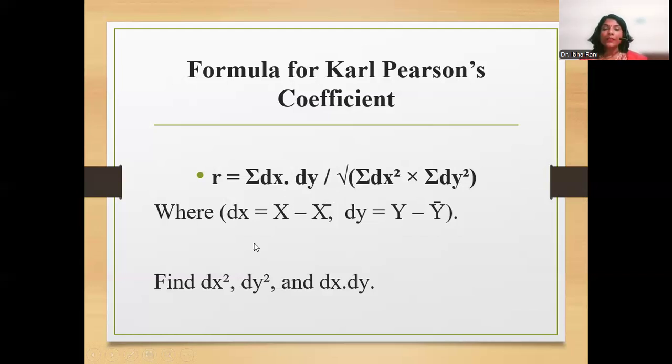Now, what is dx? Dx is the x variable minus the average of the x variable. Dy will be calculated as the y variable, whatever they have given, subtracted by the average of y. So this is the formula, you have to remember it whenever you are calculating Karl Pearson's coefficient of correlation.